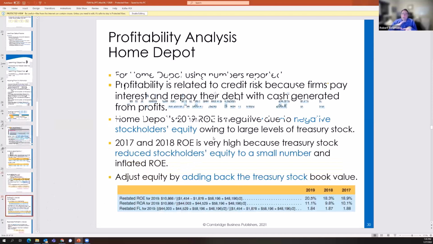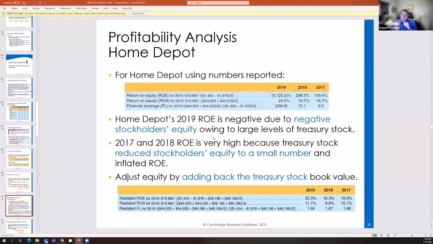Okay, so here's another profitability analysis from Home Depot and how they have adjusted it, which as an analyst you'll need to do. You look at ROE, and for Home Depot in 2019, it was negative 5,125%. So what does that mean?